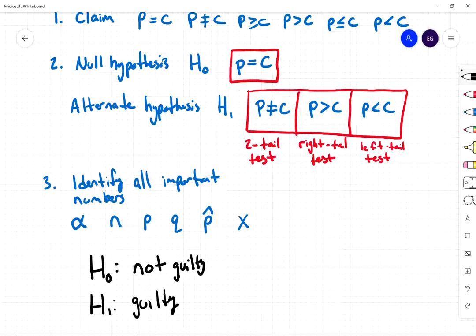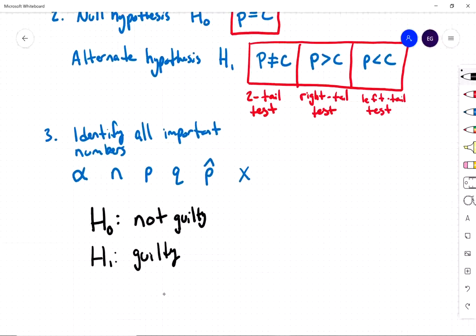You assume the null hypothesis is true unless there's enough data to reject that, and move on to the alternate hypothesis. And the way we do that is we take the data available and compare it to the critical value. And the critical value is associated with alpha, the level of significance.